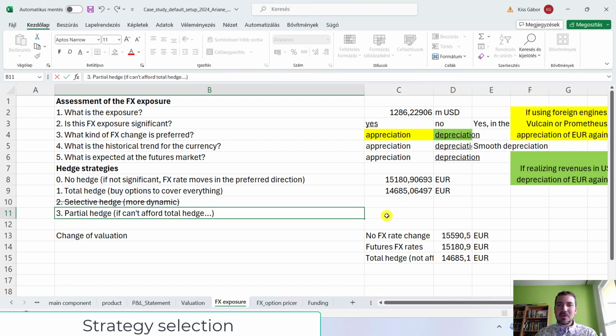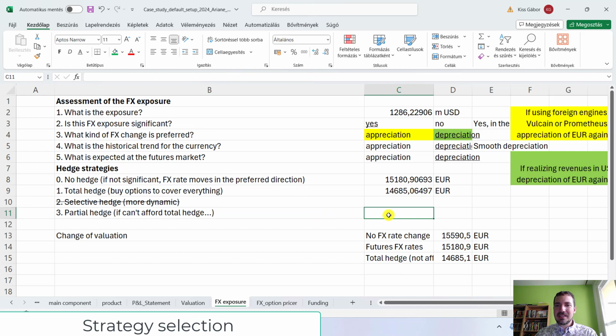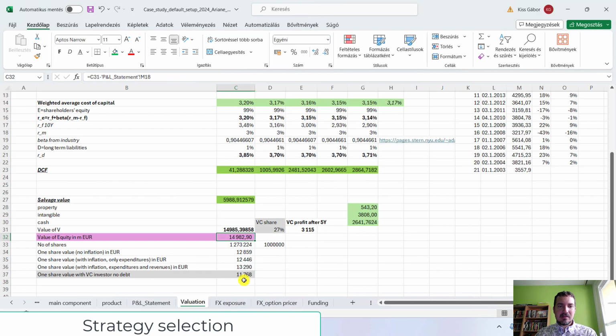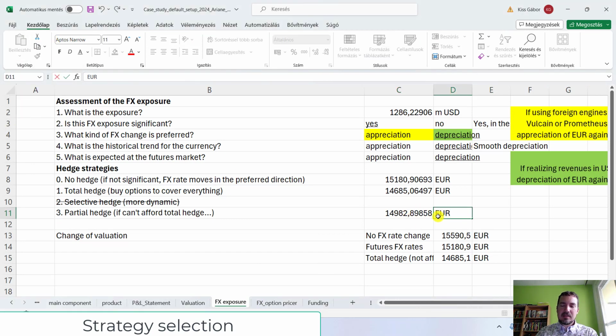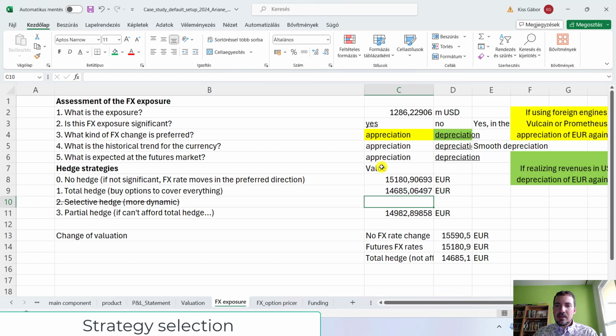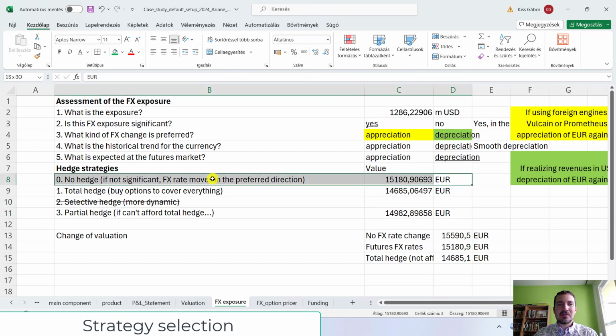I don't want to take up more loan for this inconvenient thing, so what will happen with valuation? So it will be a bit higher, but now we don't have cash reserves. So in this case, I would like to focus on this one.